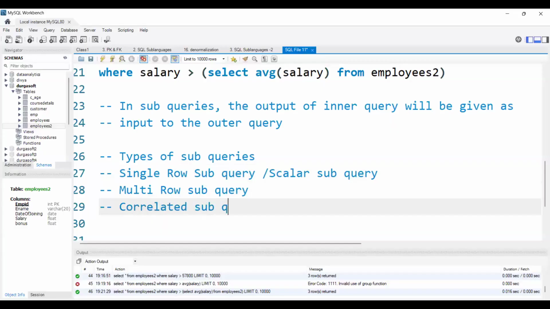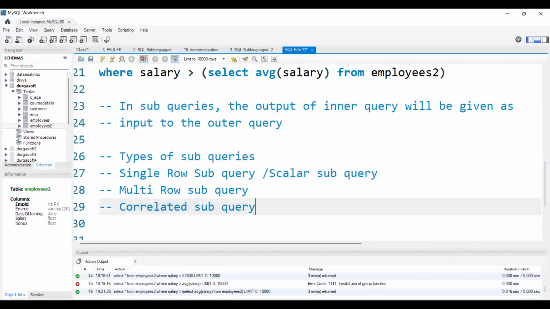Mainly we have these three types. I will just say single row subquery, but it is also called a scalar subquery. So we have single row subquery, multi row subquery, and correlated subquery.